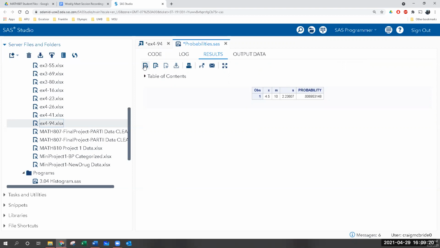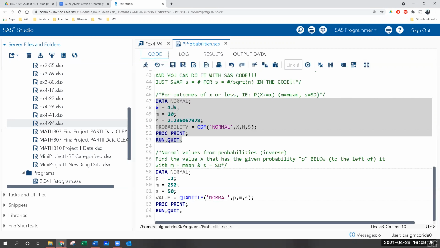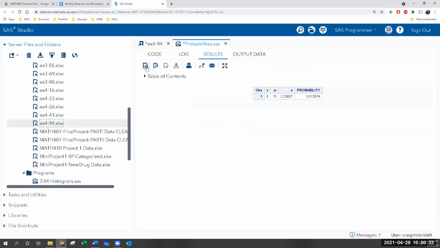So let me adjust my answer key because this second number doesn't seem right at all. That should be 0.012674.